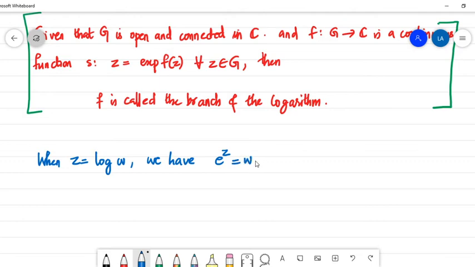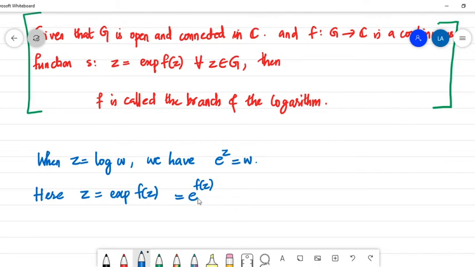This was a condition when we started to formalize the idea, right? So here, when we are thinking about the branch of the logarithm, where the branch is the function itself, here we have z is equal to exp of f of z, that is equal to e raised to f of z.